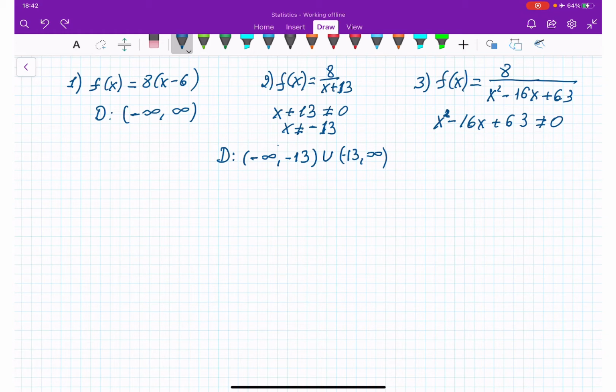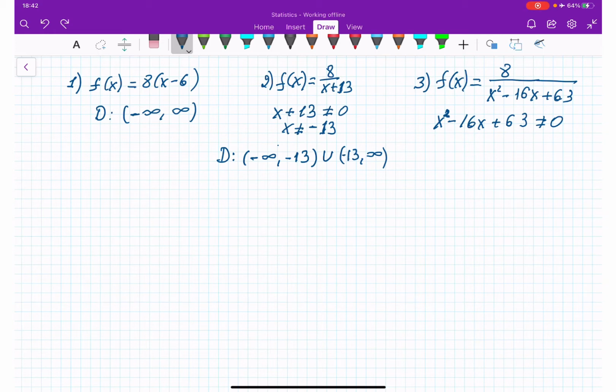Shortly saying, since the sum is negative and the multiplication is positive, that means both numbers are going to be negative, right? Because negative times negative is positive, and negative plus negative we still get negative. These numbers are going to be negative 7 and negative 9.